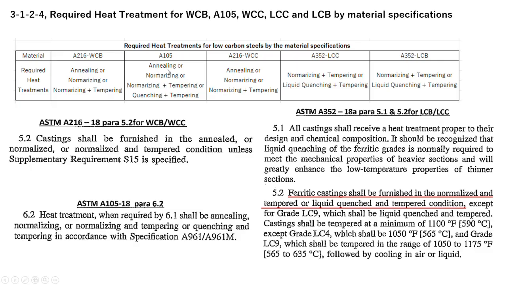A105: annealing or normalizing plus tempering or quenching plus tempering. WCC casting: annealing or normalizing plus tempering. LCC casting: normalizing plus tempering or liquid quenching plus tempering. LCB casting: the same, normalizing plus tempering or liquid quenching plus tempering.